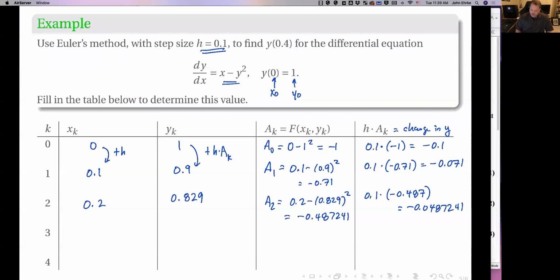So if I then subtract that from my previous Y value, I get the new Y value, and the new X value is 0.1 further because of the step size. I can then calculate A3. We're almost done. Our goal is to find Y at 0.4. So we're doing 4 steps here.